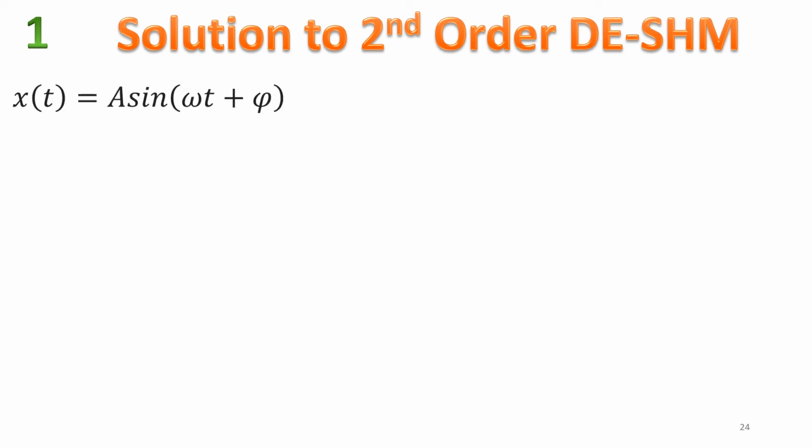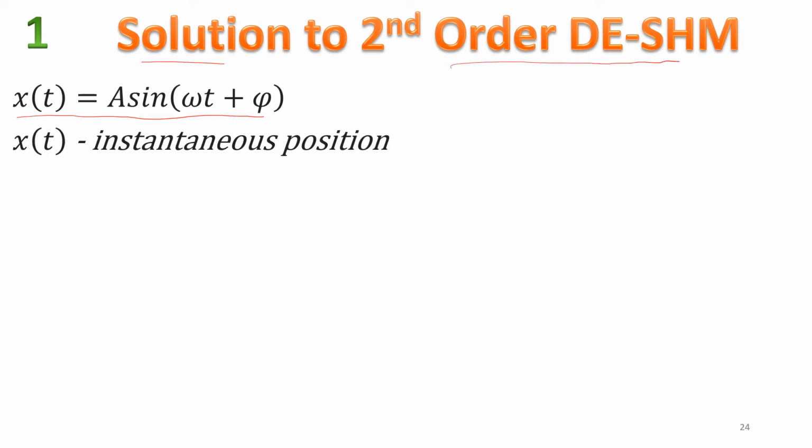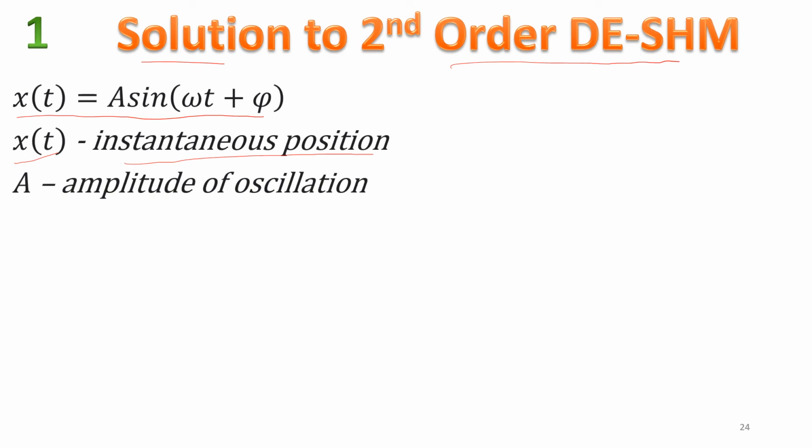So I would like to elaborate the meaning of this equation, which is the solution of the second order differential equation for simple harmonic motion. So x of t is the instantaneous position of the motion. So you define the instant, the position will be defined. Then a is the amplitude of oscillation, that is the maximum displacement from mean position.